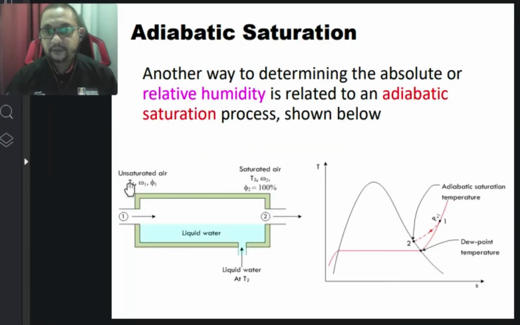Okay, it is about adiabatic saturation. Actually, adiabatic saturation is another way for you to determine the absolute or relative humidity, related to an adiabatic saturation process.